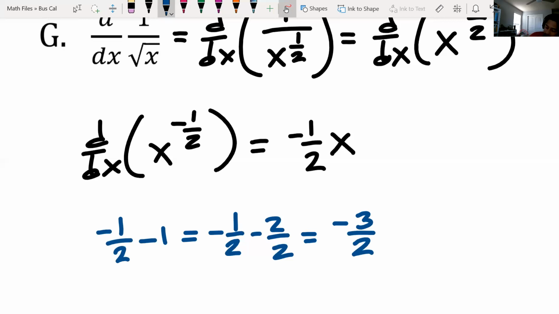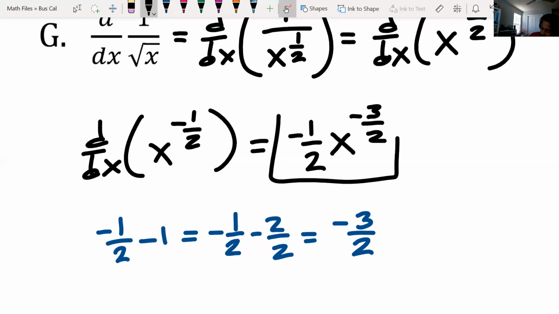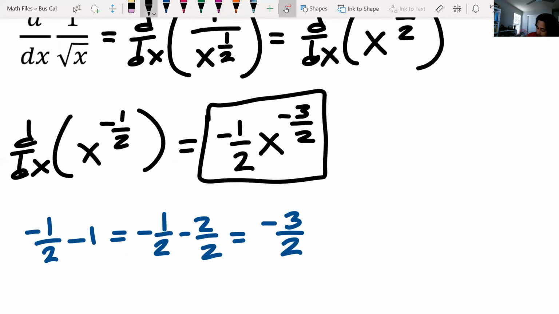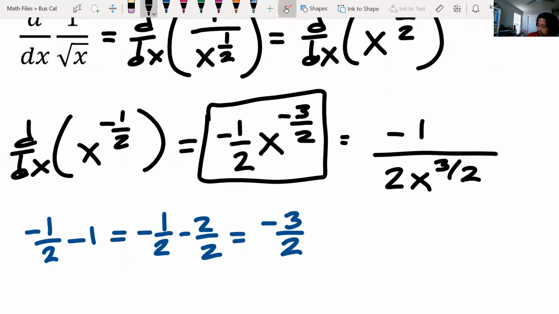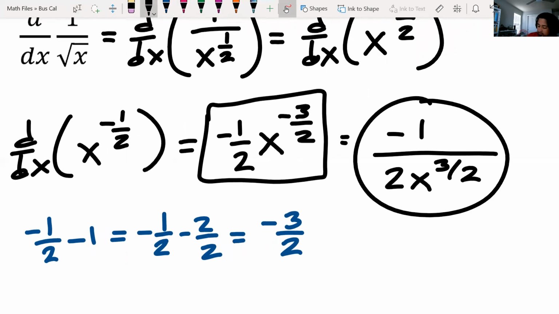There you go. Now, like I said, this is a great answer. But if it makes you rewrite, then you are going to have negative 1 over 2x to the positive 3/2. There it is.